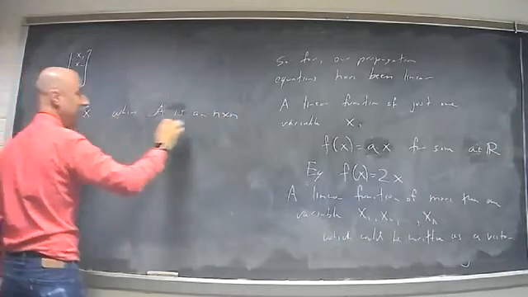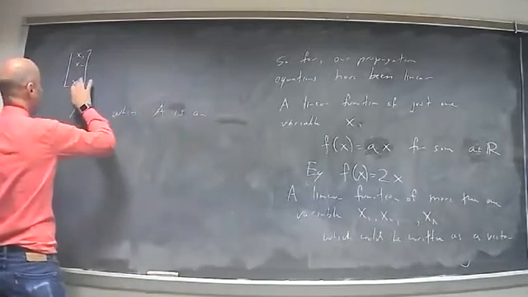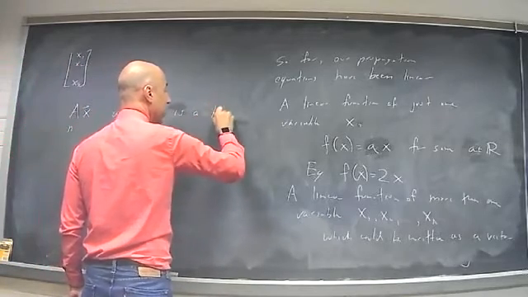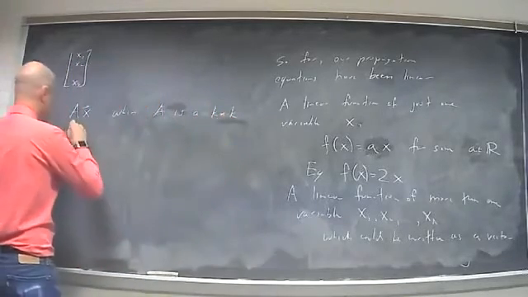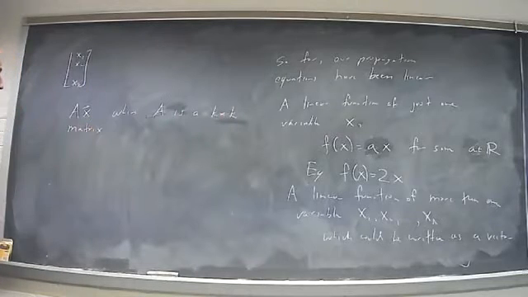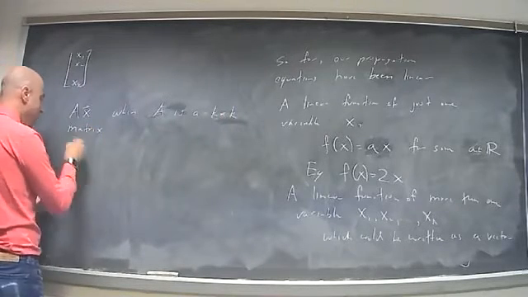Oh, sorry, a k by k matrix. I said this has k entries. And we've seen examples of that. We've seen examples where we had like a 2 by 2 matrix.